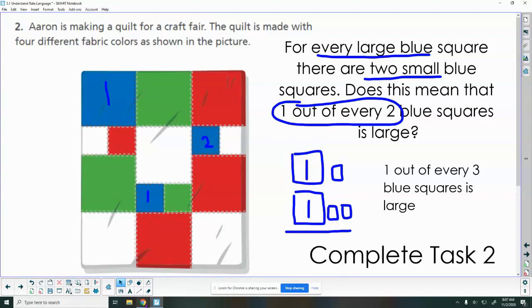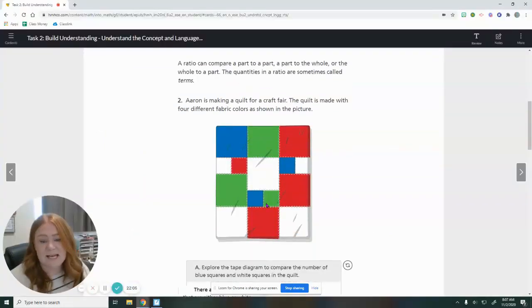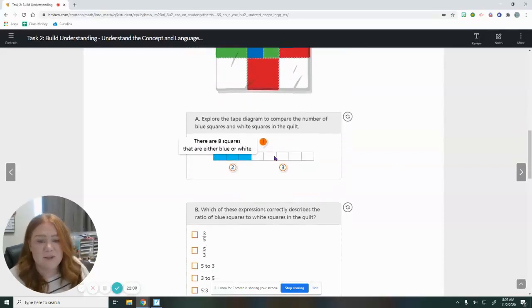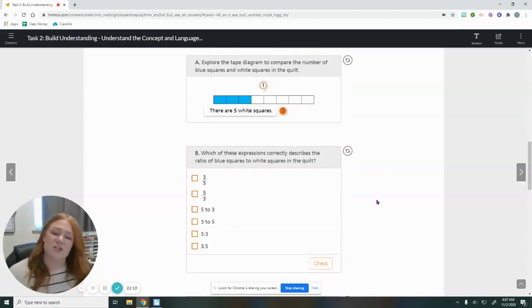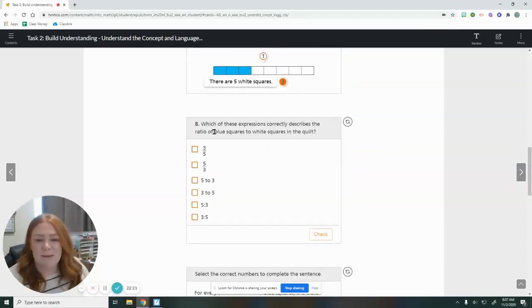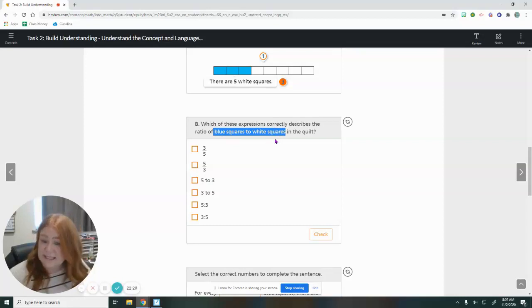So let's see if we can go answer the questions on task 2 here. So here's just that model. So there are 8 total, 3 here, 5 here, 3 blue ones, and 5 white ones, which we drew a picture of. So now you're going to compare 3 to 5. Pick any of the statements that show blue first and white second.